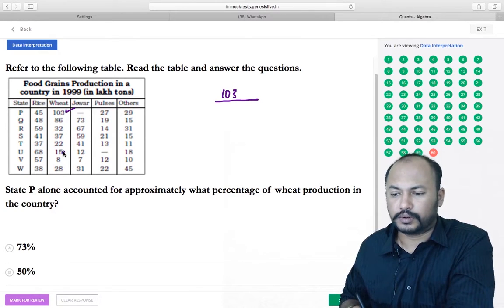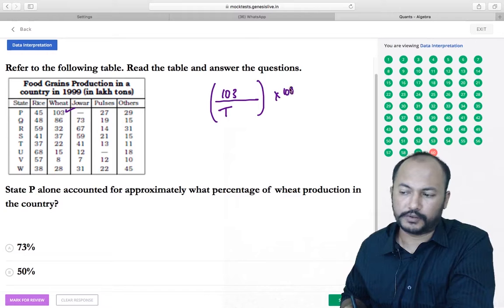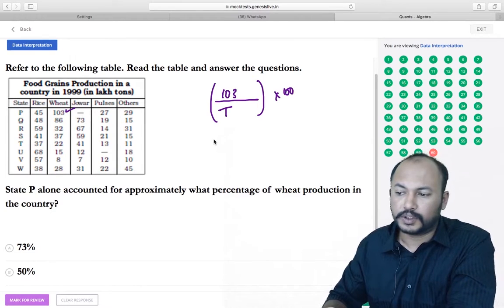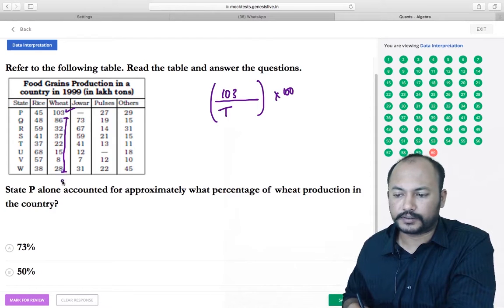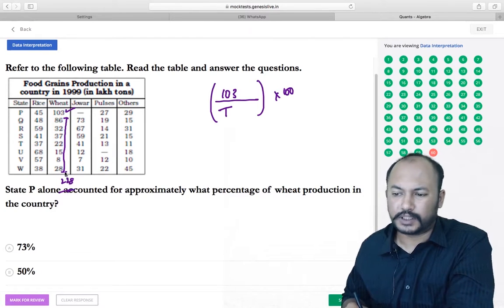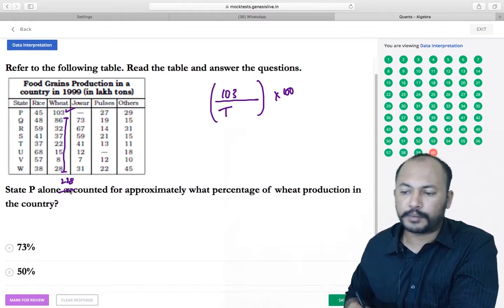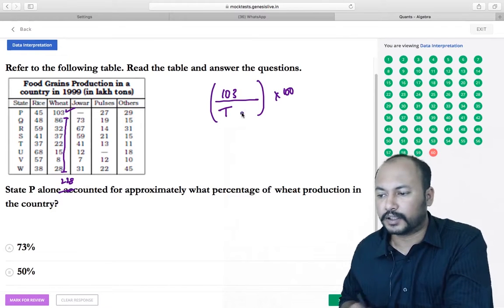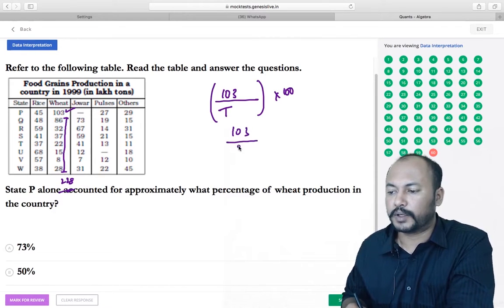So do the sum, total, into 100 must give you the answer. This is the simple method. I got this whole thing as 228. Anyways, let me do it in this method also. 103 plus 228 is going to be 331. So 103 divided by 331 into 100.